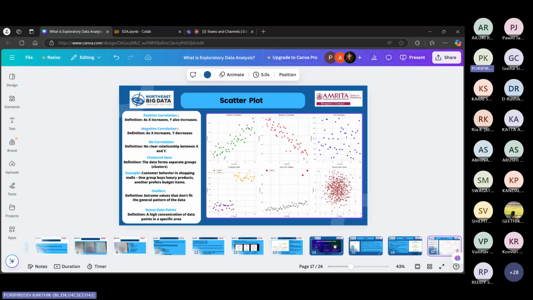And the outliers here, where most of the majority go in the same range, but there are some outliers in this red color who are way outside their range. And in dense data points, as we can see in the third scatter plot, population in a city is an example for this kind of plot, where some places have most of the population and others don't.